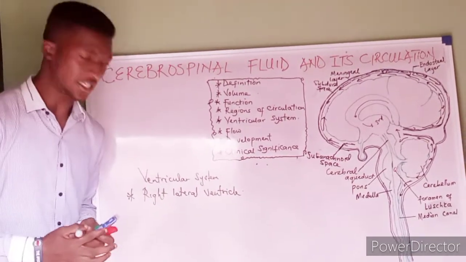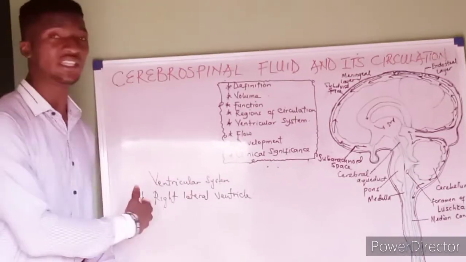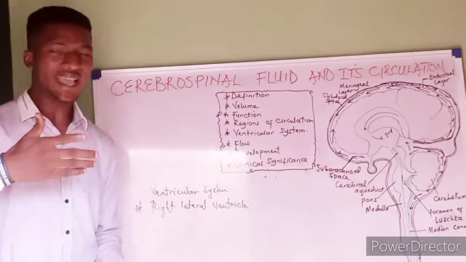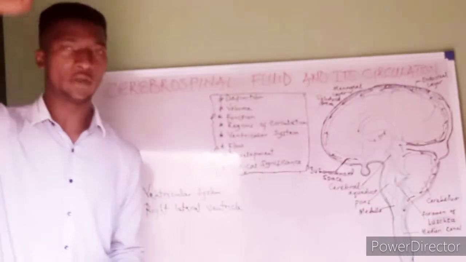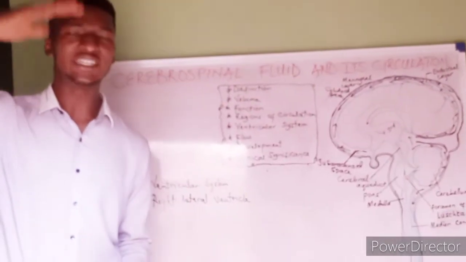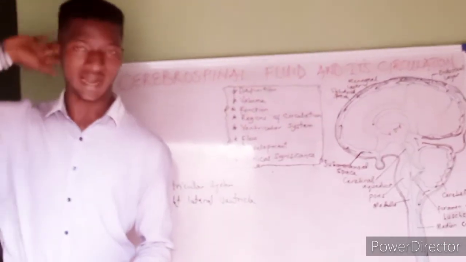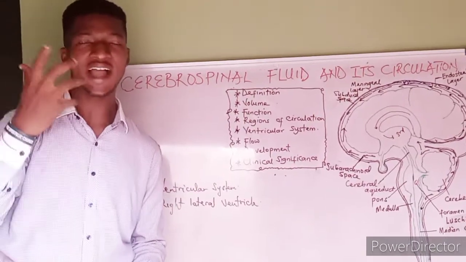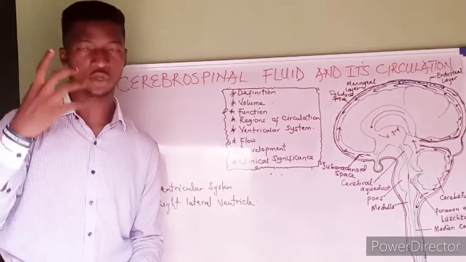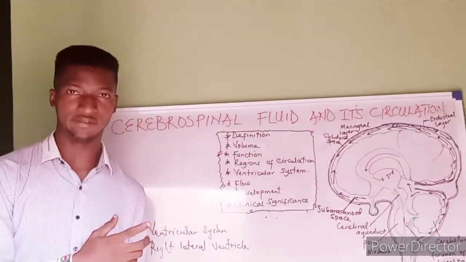Now, how do we get this? To identify this location, we will take the coronal section of the body. When we take the coronal section of the body, it divides the body into the front and the back portion. From the front portion, you can have the features of what you have on the right as well as what you have on the left.